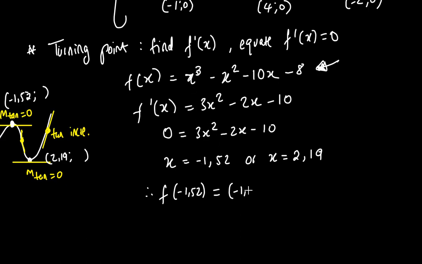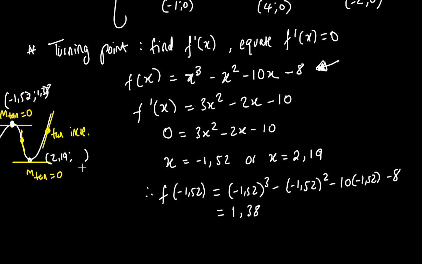So you say negative 1.52 cubed minus negative 1.52 squared minus 10 into negative 1.52, then you say minus 8. The answer there would be 1.38.